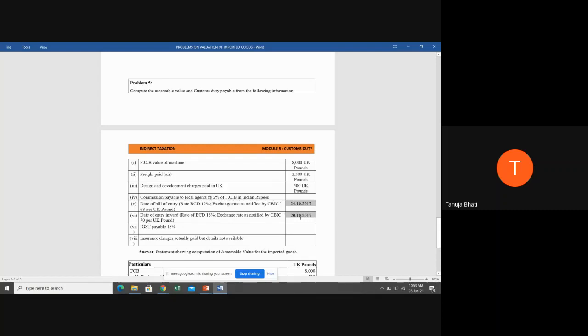Date of bill of entry, and 68 per UK pound exchange rate. Correct. IGST payable is 18%, which is given. This IGST, on what am I going to calculate it?